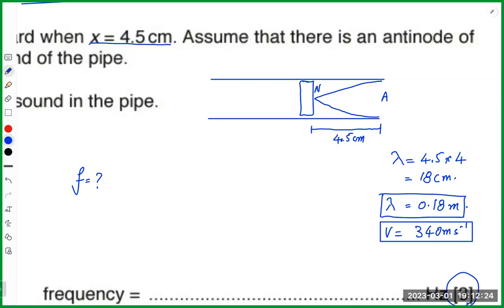Lambda is equal to vT, no, v equals f lambda. So f is v over lambda. So 340 divided by 0.18. Use a calculator.